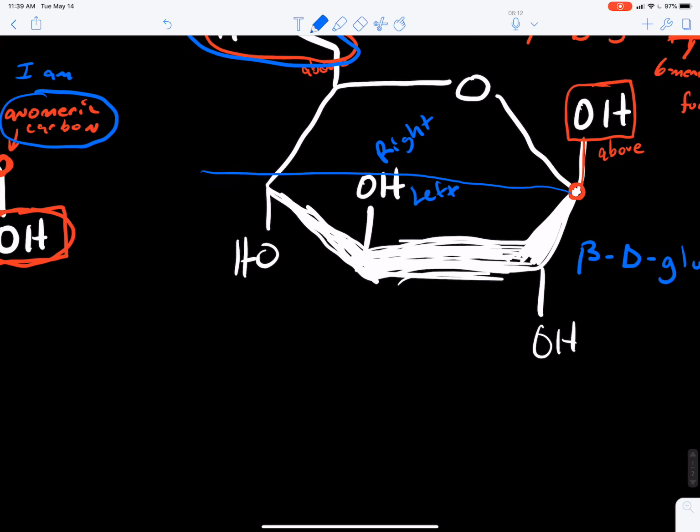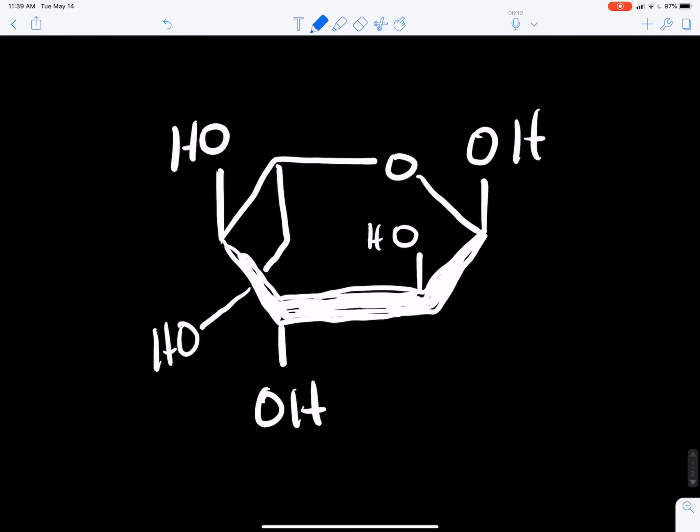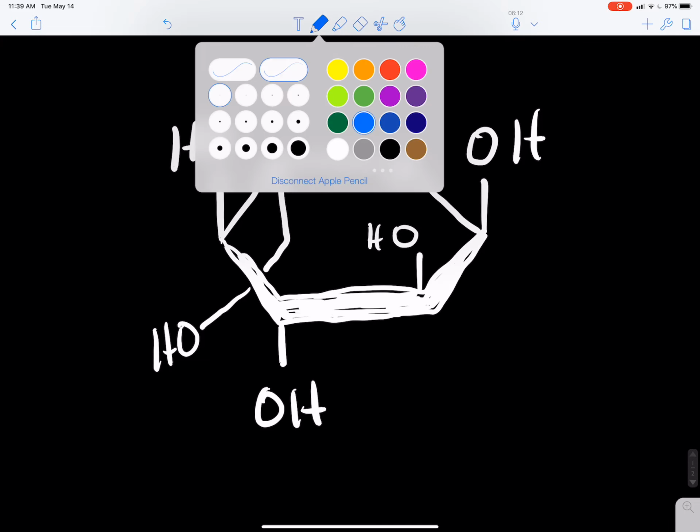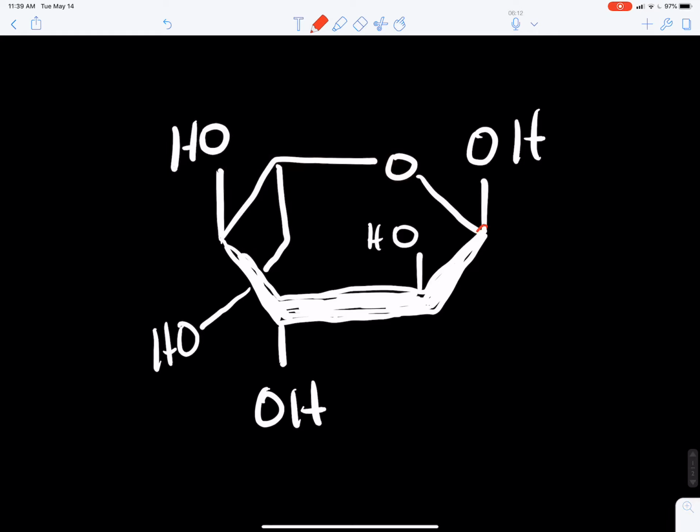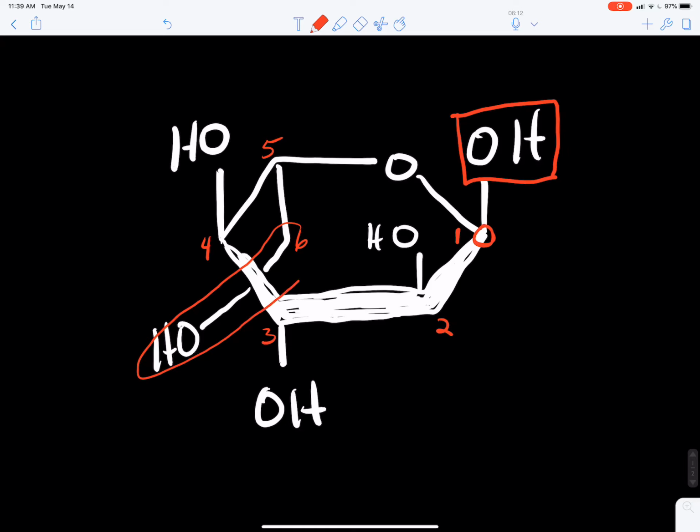Okay, let's try one more. Here we have our anomeric carbon. First thing, anomeric carbon. Then we number that 1, 2, 3, 4, 5, 6. Now we take a look again and ask, is this substituent cis or trans to this substituent?